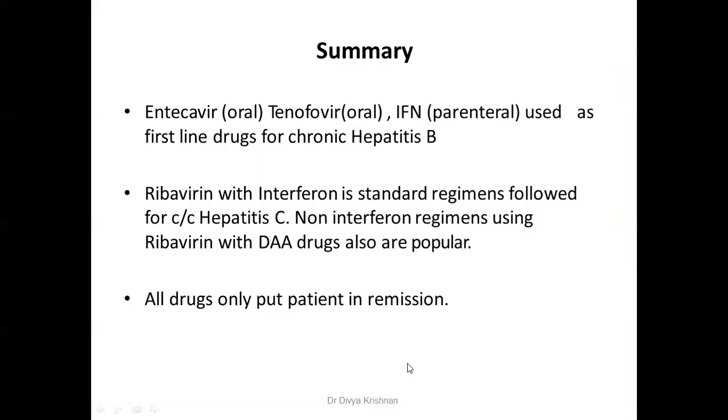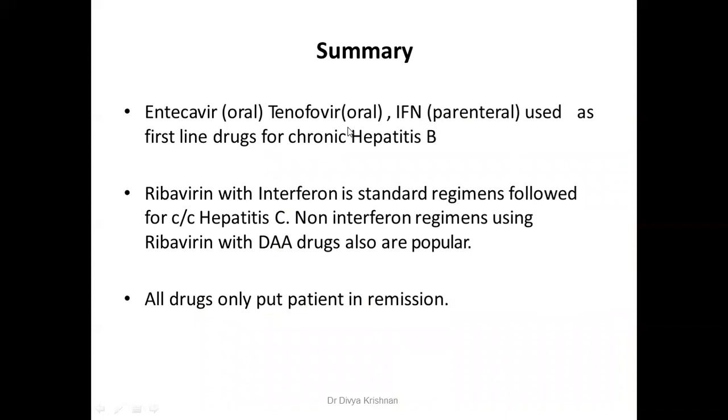So this is about the anti-hepatitis C drugs, where we have mainly discussed ribavirin, interferon alpha, and finally the directly acting anti-HCV drugs. So in this class, we have summarized mainly the anti-hepatitis B drugs, of which entecavir and tenofovir, both given orally, can be the first line drugs.